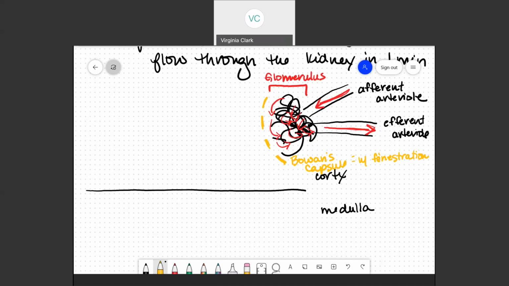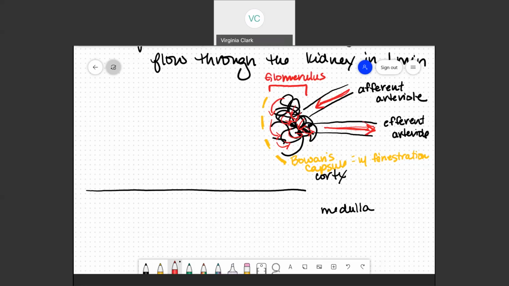That's essentially what's happening here: you're putting this structure with a bunch of tiny little fenestrations, or little holes, next to this liquid, and you're going to have some of the liquid inside our blood come out and go through this next process, whereas the main part of your blood, or the main chunk of Play-Doh, will still be on the other side, and then that will get escorted out of the kidney through the efferent arteriole.